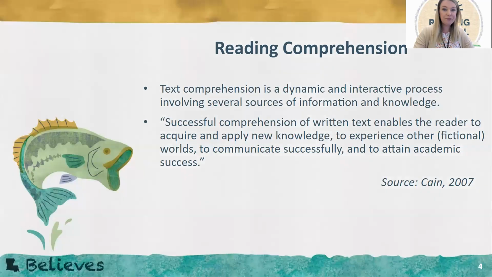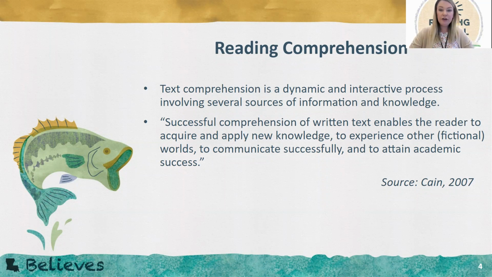In the last session, we defined text comprehension as a dynamic and interactive process involving several sources of information and knowledge. We said that reading comprehension is very complex and that there are so many different things happening simultaneously in our brains that it's important for us to acknowledge that so that we can meet all the different needs that are happening.